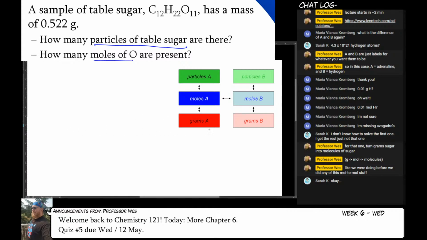All right, now we're going to figure out moles of O. In all of these cases, A is going to be sugar. But depending on the problem we're working on, B is going to be something different. In this one, B is oxygen.